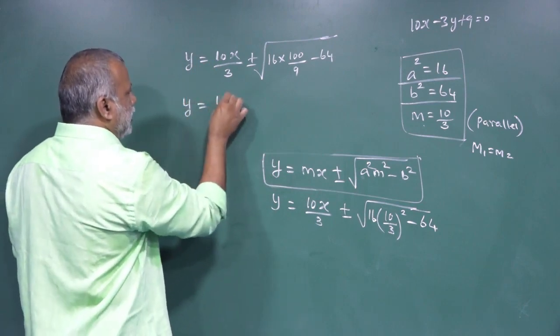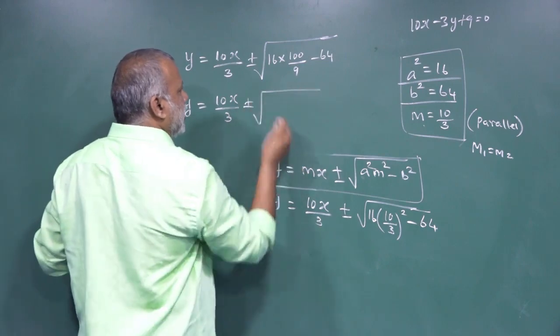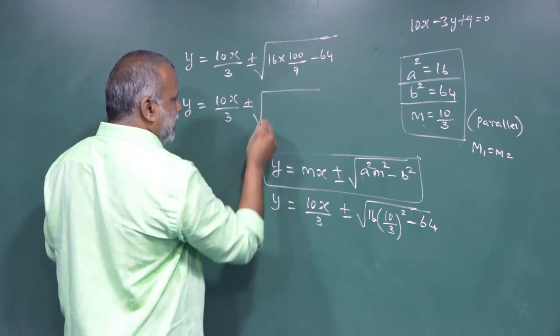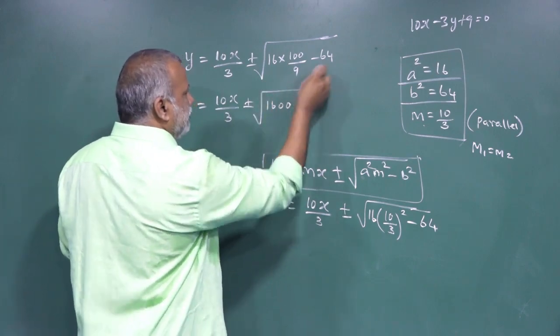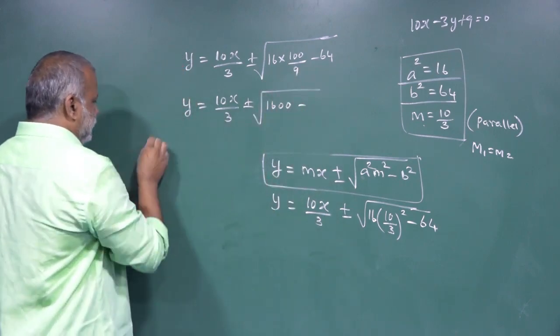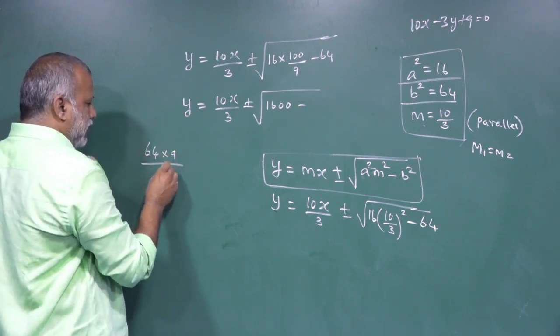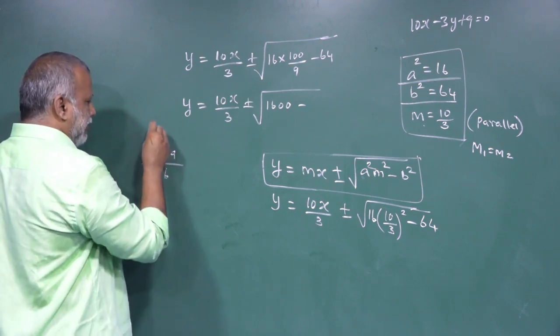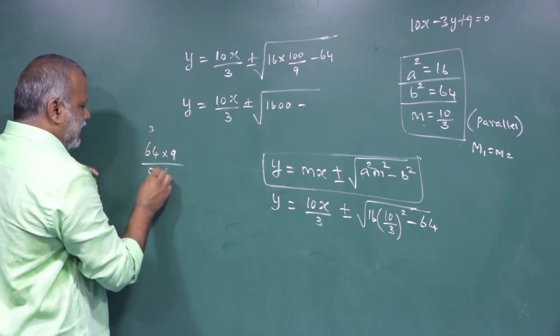So now y equal to 10x by 3 plus or minus square root of 16 multiplied by 100, we can get 1600, again 64 multiplied by 9, which we can get as 576.